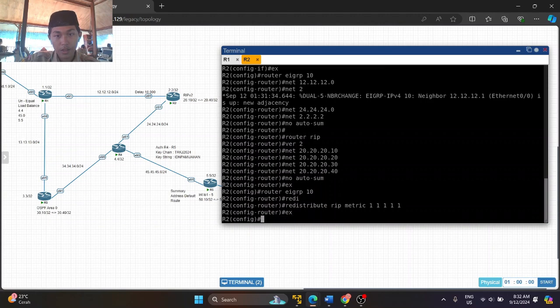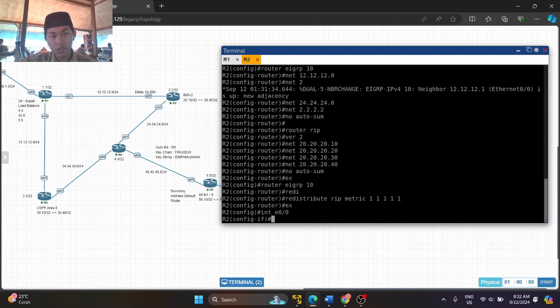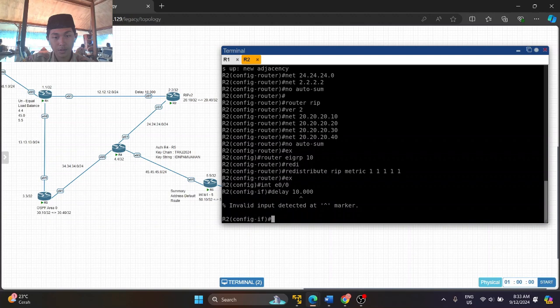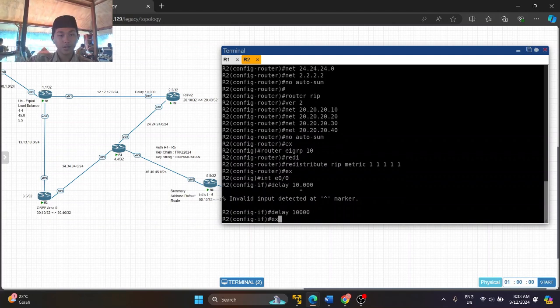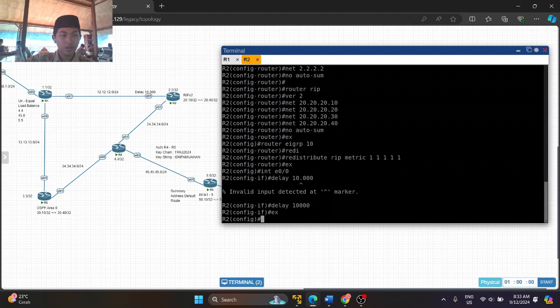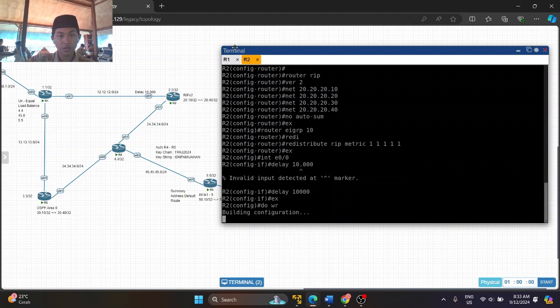And then let's move to interface E0/0. Let's change the delay to 10,000. Okay. Let's do write to save the configuration.